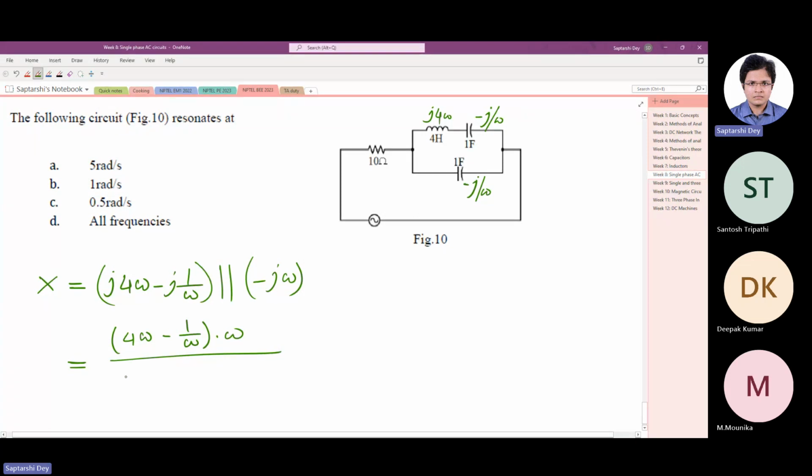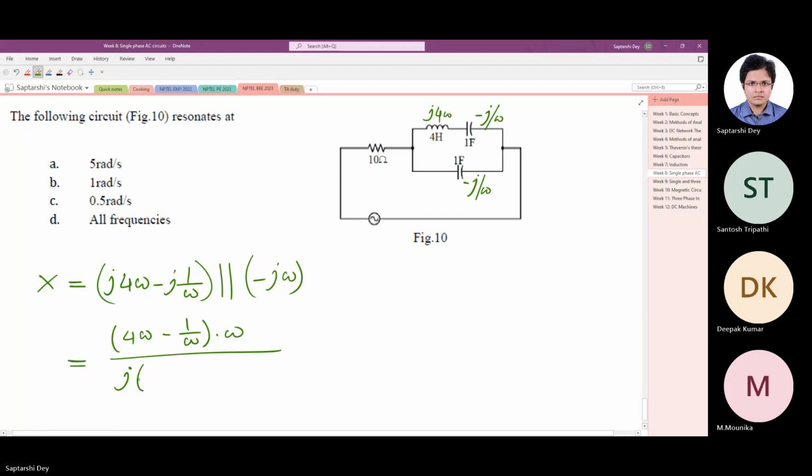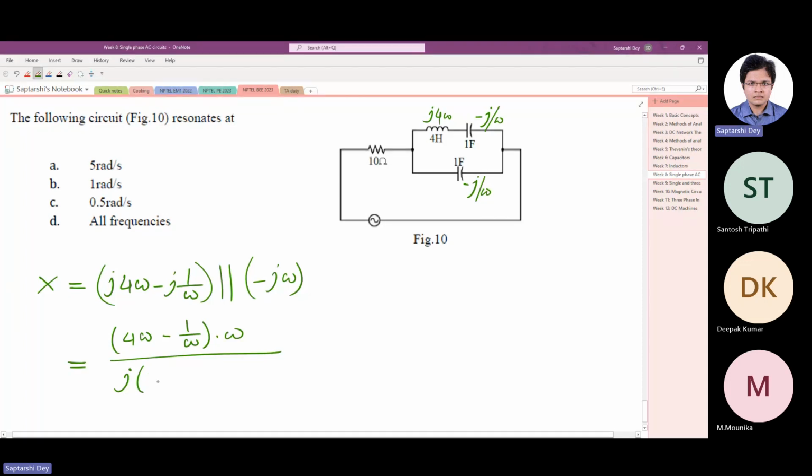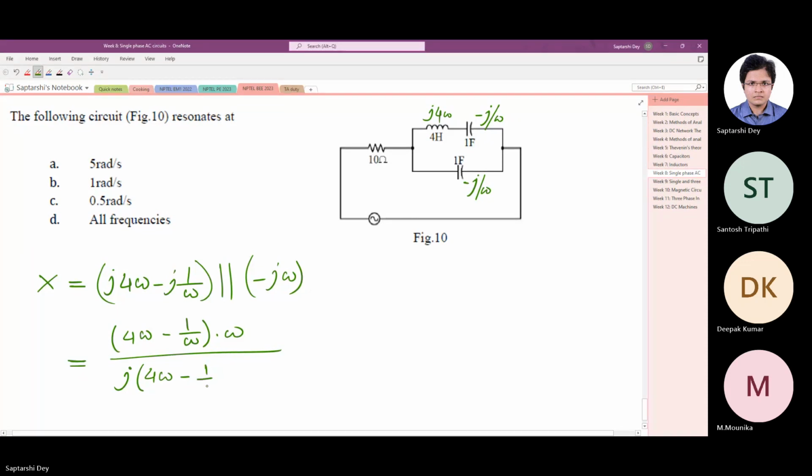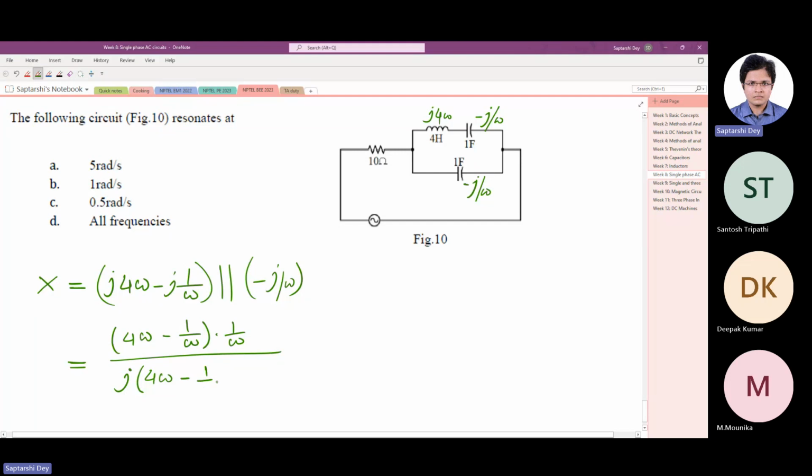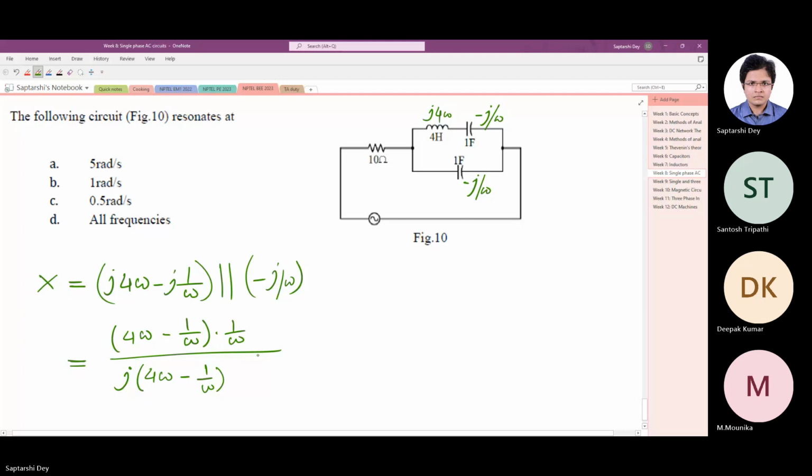again I will take the j out, and how much? A plus B. So 4 omega minus 1 by omega, plus minus omega, in the denominator.